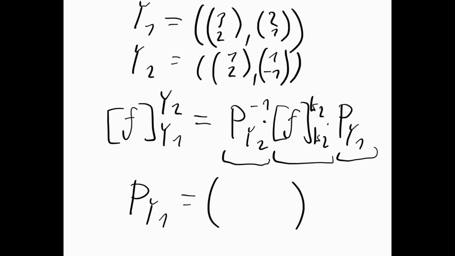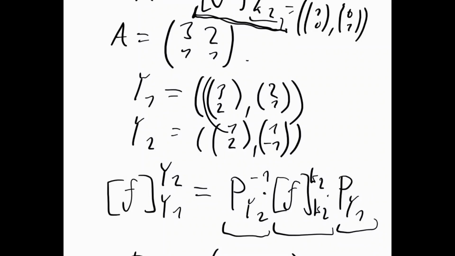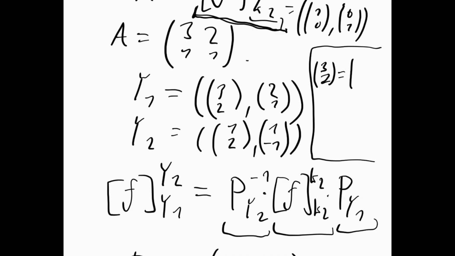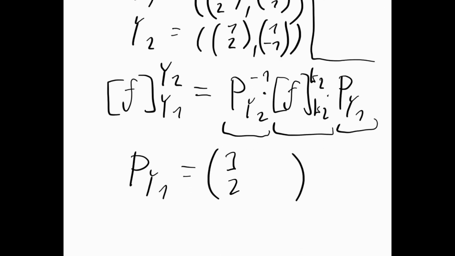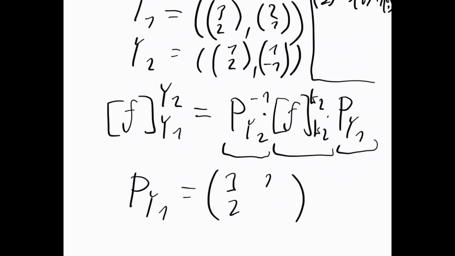If we want to express the first vector of Y1, (3, 2), in terms of the canonical basis, then we know that (3, 2) is equal to 3 times (1, 0) plus 2 times (0, 1). So we just write (3, 2) here. This is actually a trivial case, of course. And the same will go for the second one: it will be (2, 1).